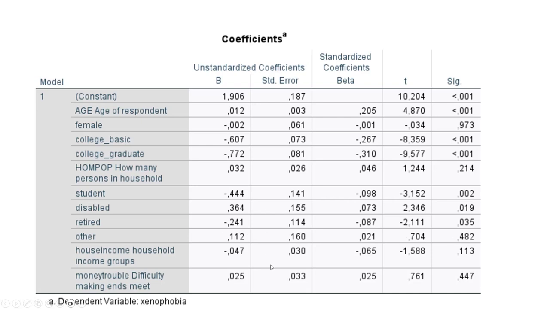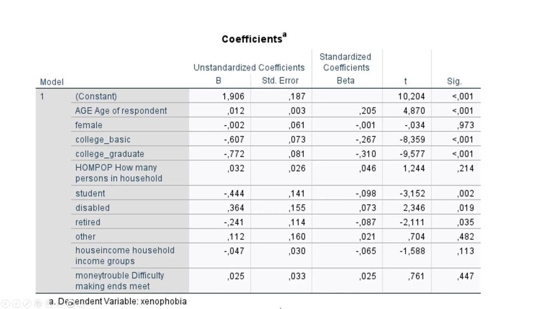Interestingly, income and money trouble, neither of these 2 variables has a significant effect on xenophobia. So it seems that economic status actually has no effect on xenophobia once we have education in there. It's all about education, age, and work status, and not about economic status per se.